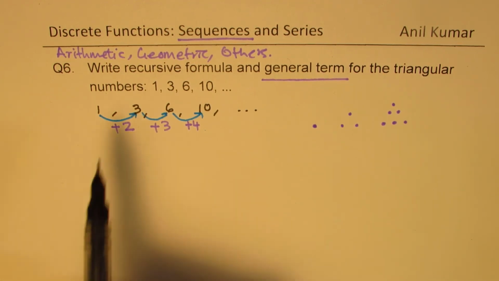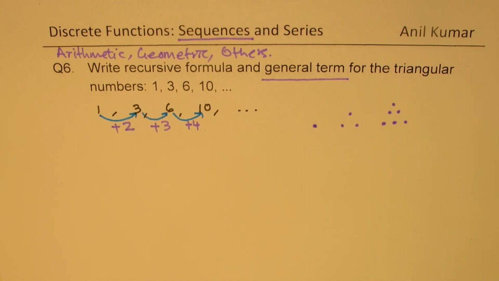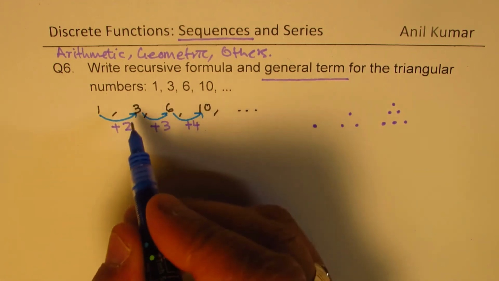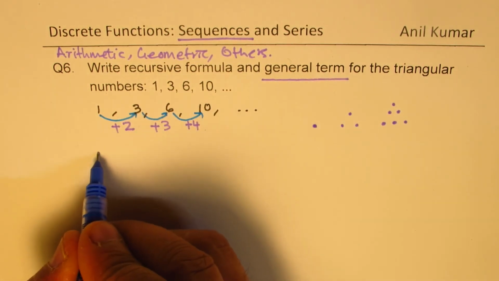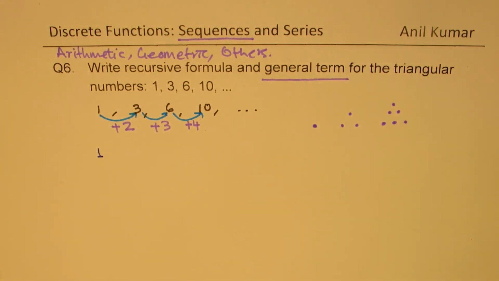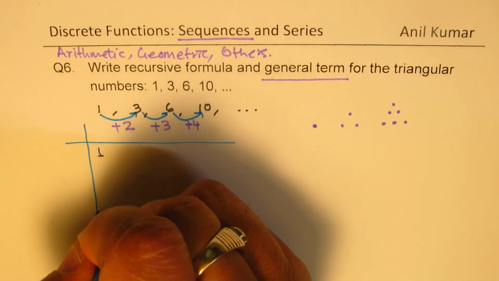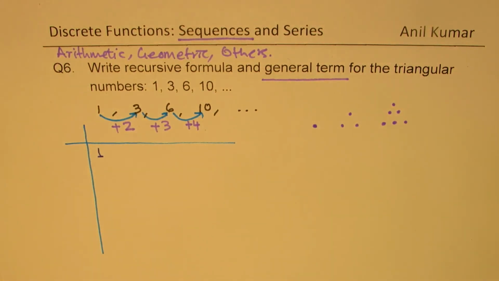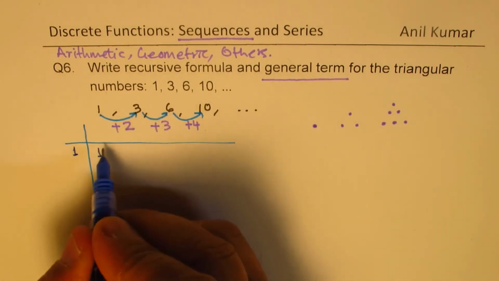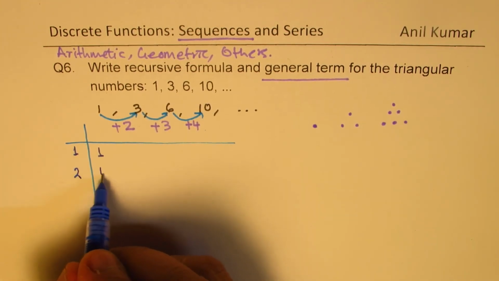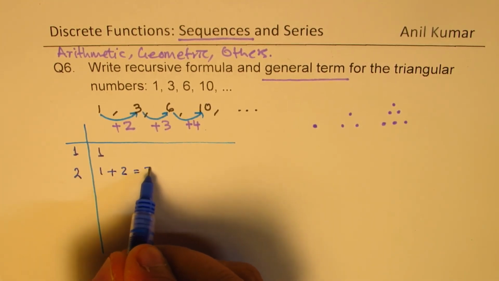So you can see that the number here, which is 3, could be written as, so the first number is 1, correct? So let me make a table to help this out and derive the formula, right? As far as the first term is concerned, it is 1. The second number is 1 plus 2, and we get 3, right?